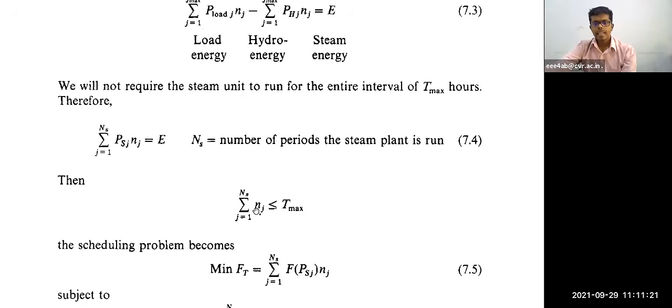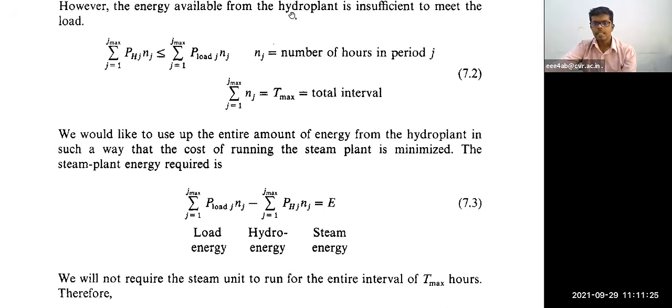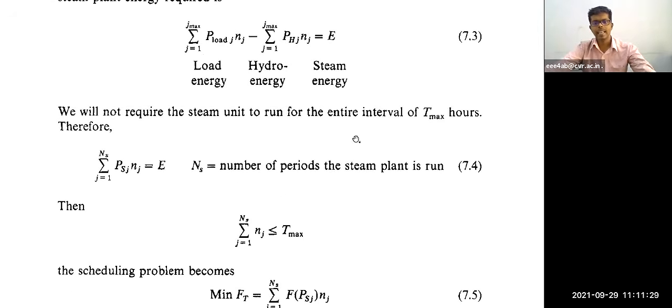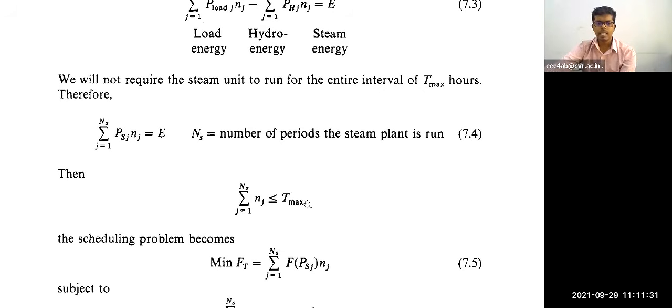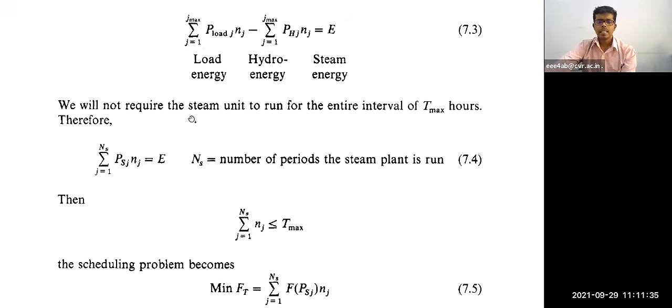And NJ, what is NJ? NJ is nothing but the number of hours in a period J. The number of hours in a period J is less than or equal to T maximum. T maximum is the entire interval of time.